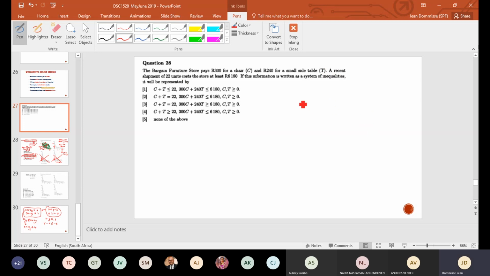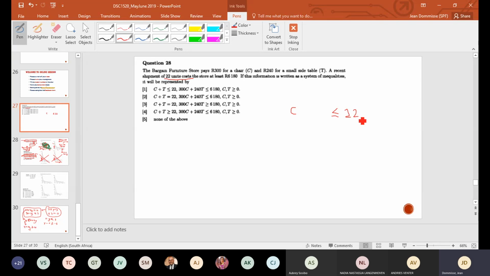Okay, so basically the first equation I would look at is there's 22 units. Oh yes, sorry, we're still on the May-June 2019 paper.